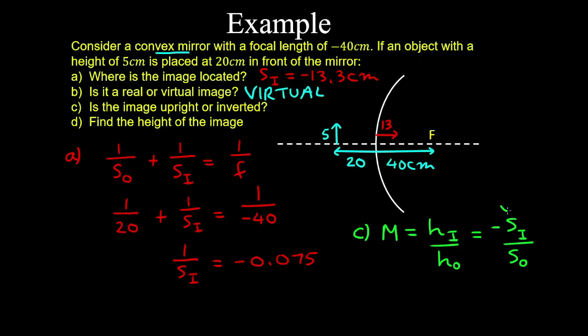So therefore this ratio is minus SI, and SI was negative 13.3 centimeters, divided by SO, which is 20 centimeters. So therefore M is 0.67. So given that this value is positive, then the image is upright.